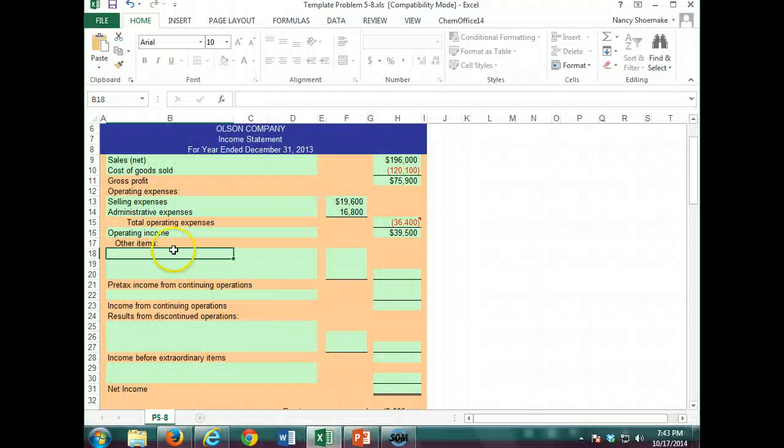So let's go back here. Let's take our interest revenue. How much is it? 2,300. What's our next? Interest expense, minus 3,400. Gain on sale of equipment. Isn't that in investing? Yes.